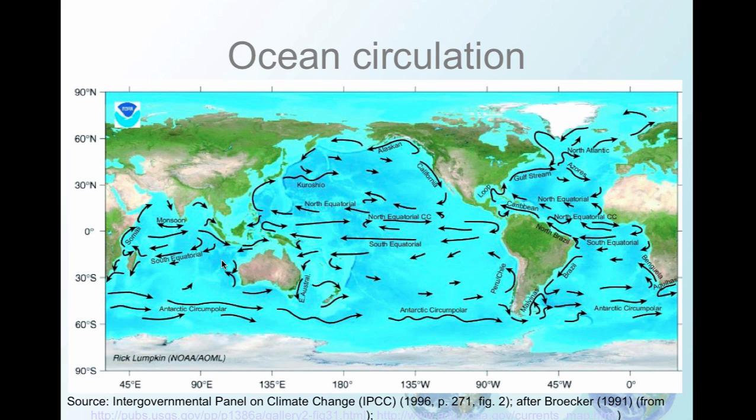By modeling those currents, they were able to do probability models and say, here's a place where the debris could have plausibly entered the ocean X number of months ago. It's because we have a pretty good grasp on how water circulates through our oceans.